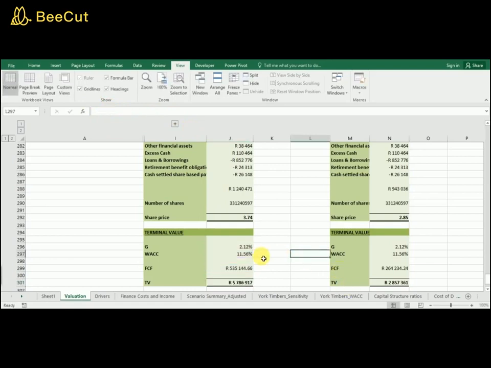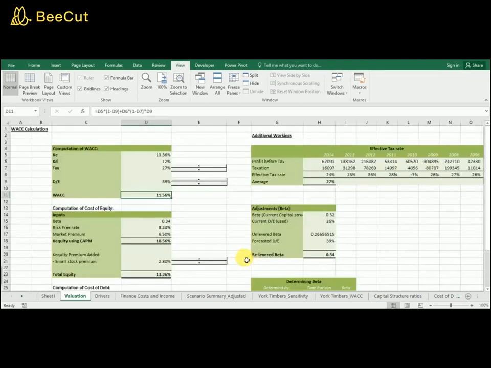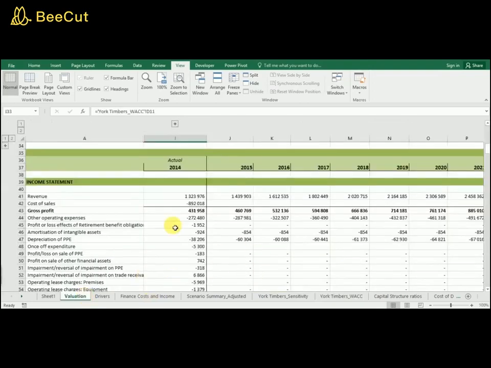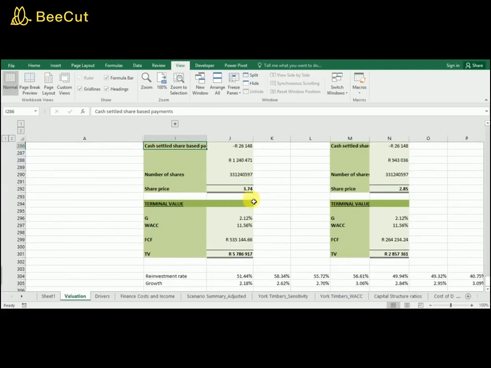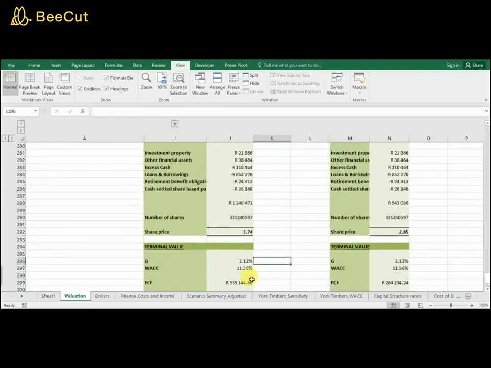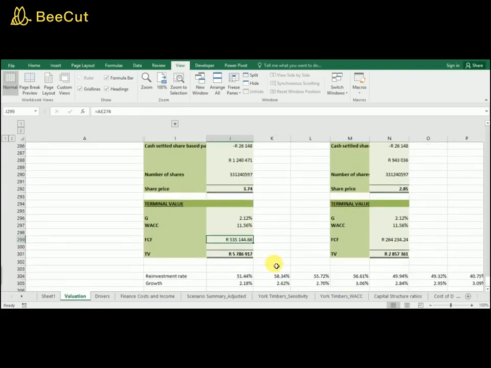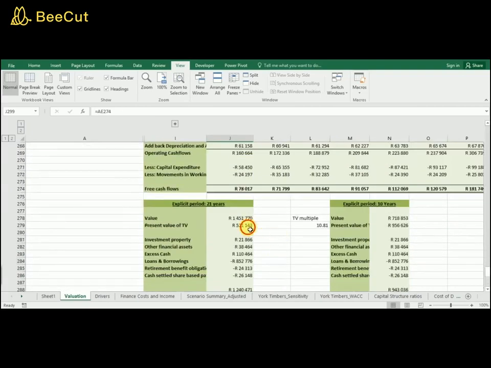Importantly, everything has got a link, so that's got a link to my WACC, which is calculated above, which in turn comes from my WACC calculation in a separate tab. And if we're shifting down, that gets me to a terminal value of 535,000. And then I add these two together to get me my value of operations.